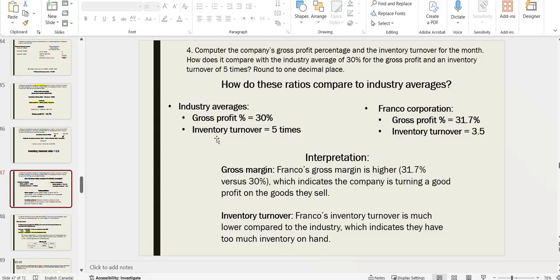But inventory turnover of the industry average is 5 times, and for Franco Corporation, it is 3.5. So it shows the Franco Corporation had more inventory on hand compared to the industry average, which is not good. We don't want to keep our inventory on hand. We want to sell it faster.